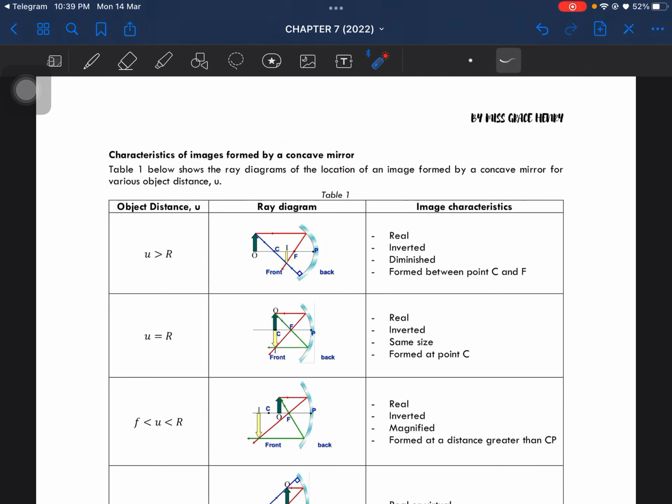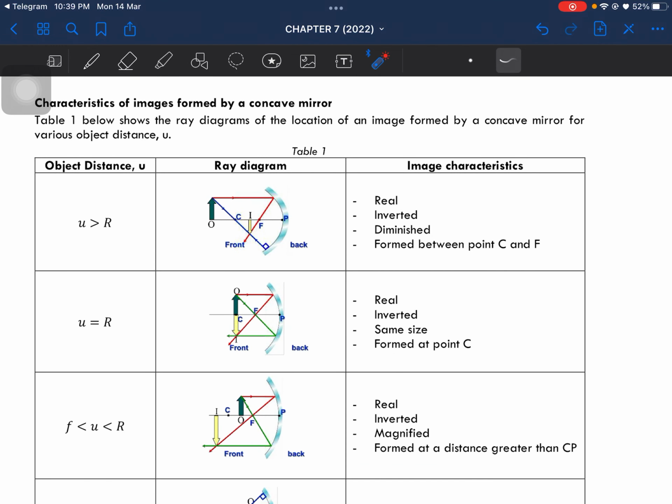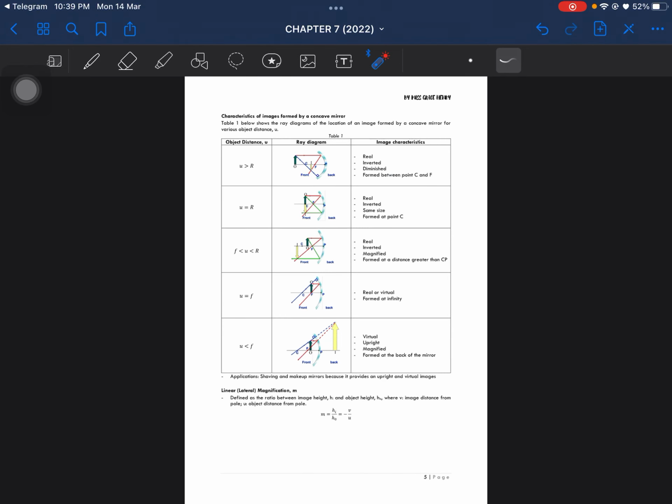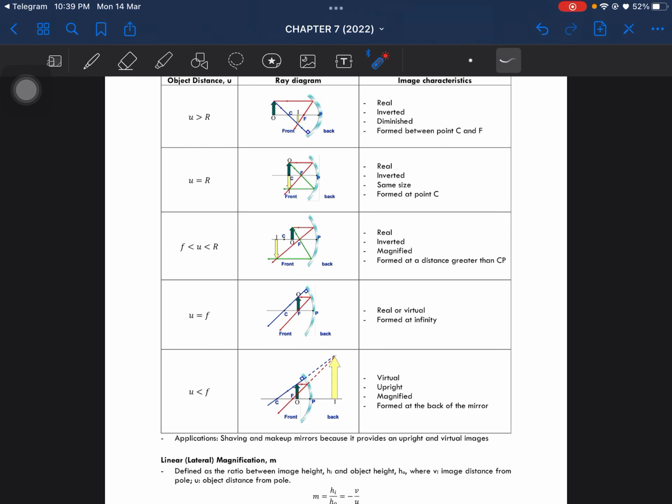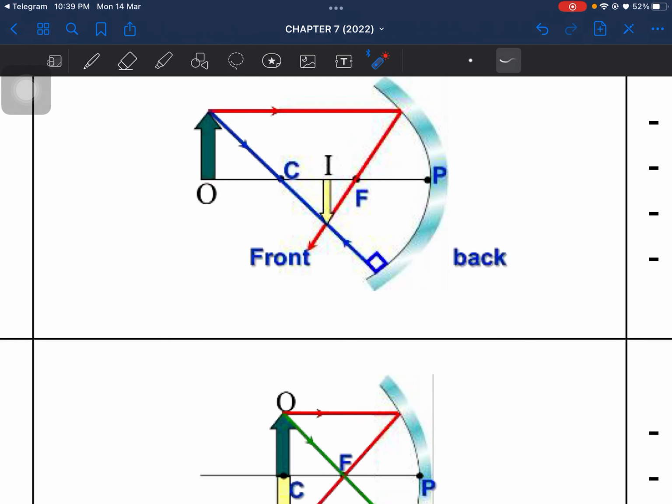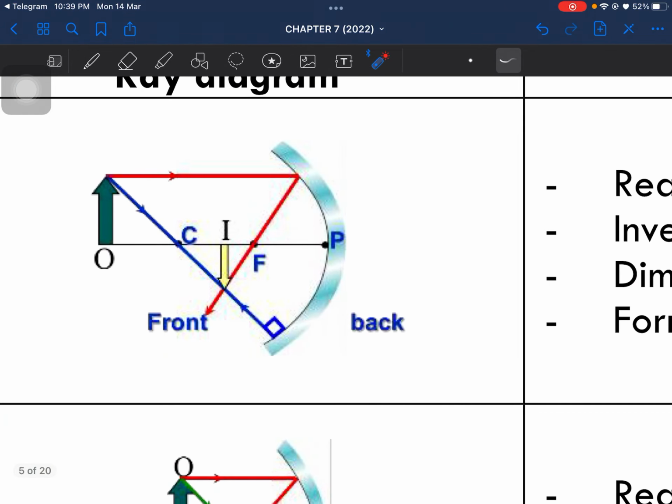Next, this is for the concave mirror. This is actually a lot. You just need to memorize the image characteristics, but if you are able to draw the ray diagram, you don't actually have any problem knowing the characteristics. Here the image is inverted and formed in front of the mirror, so it is real.